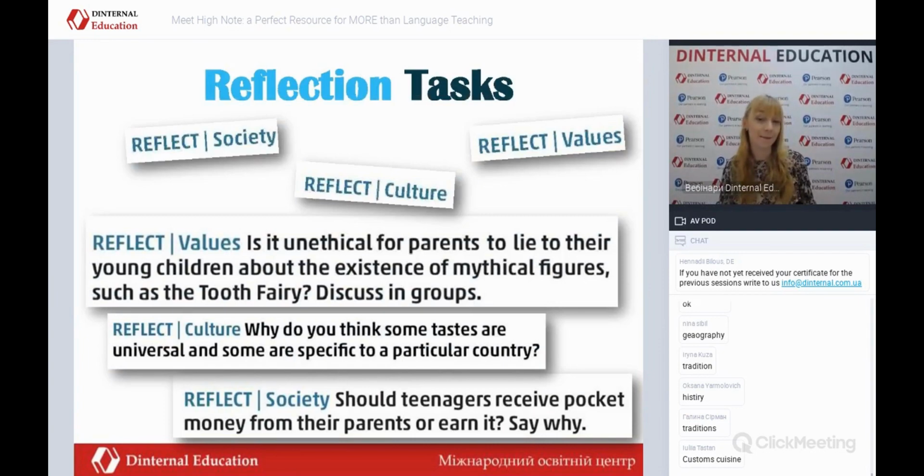Reflect society can have something like this. Should teenagers receive pocket money from their parents or earn it? Say why. So again, depending on their life experience, their points of view, different students will have different opinions, and they need to, again, be able to civilly and decently share those opinions, respect each other's points of view, and just discuss. So it's a topic for debates.